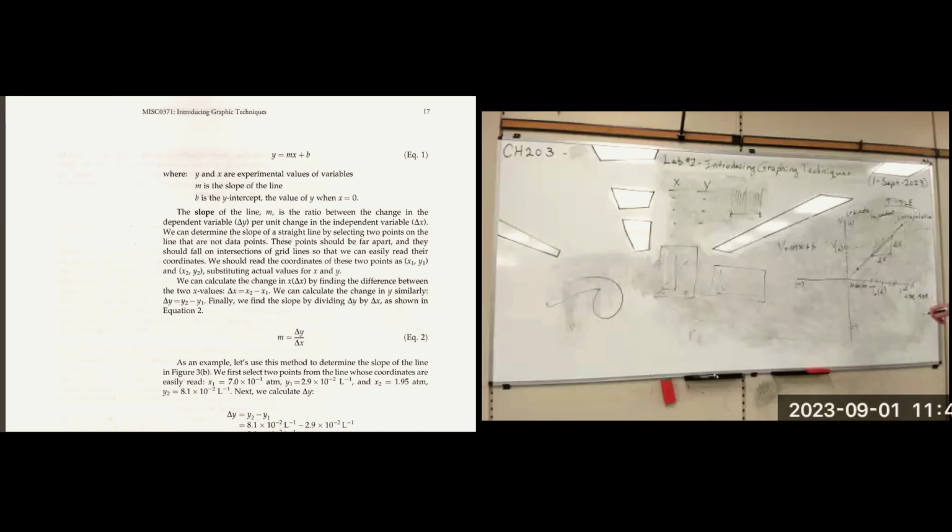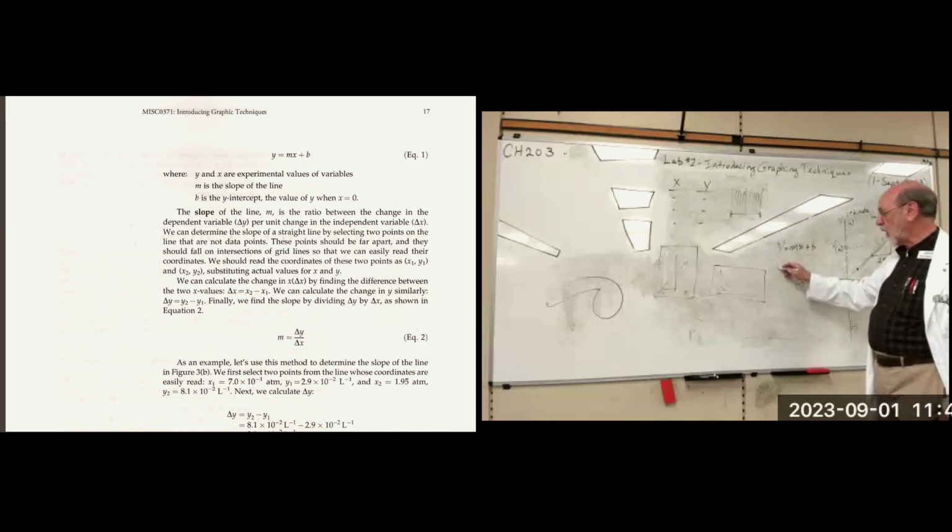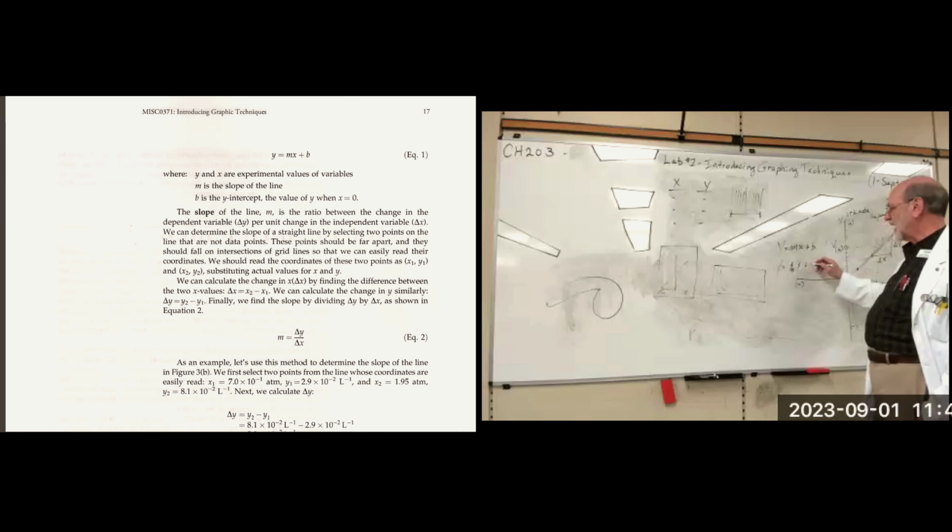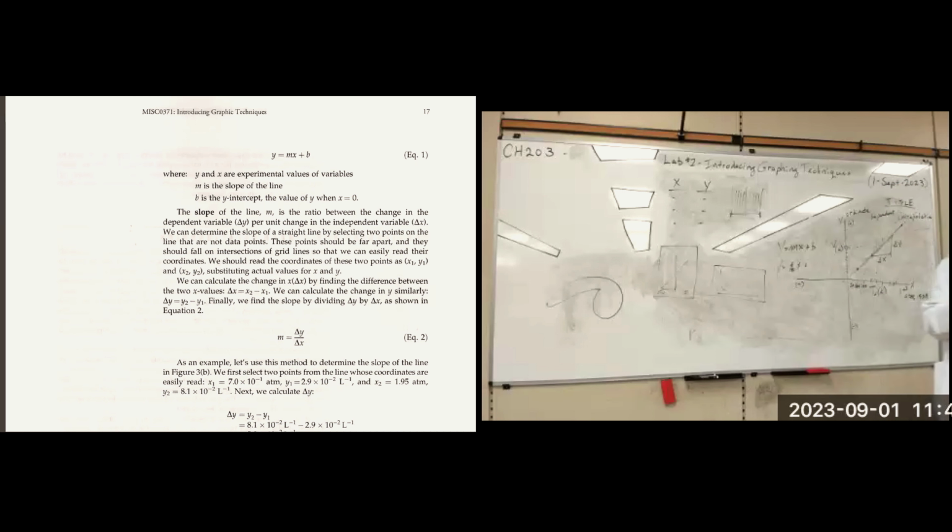Now, we've got a value in here. So we can say y equals some number m times x. How do we get b? The y-intercept is where x is equal to 0, right here, where it's going to intercept the y-axis. Well, this one shows the origin, but it doesn't always happen that way.